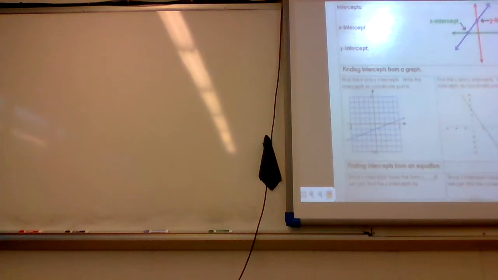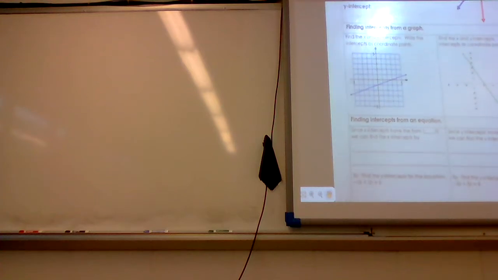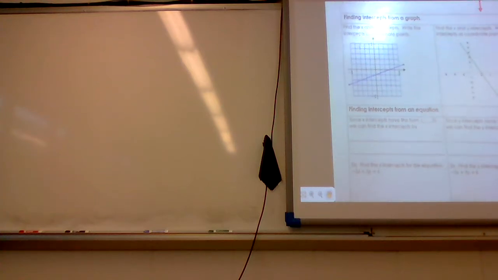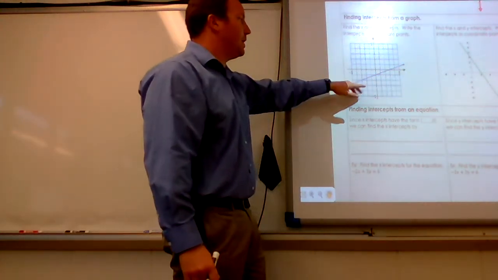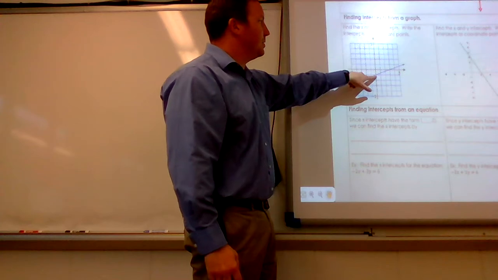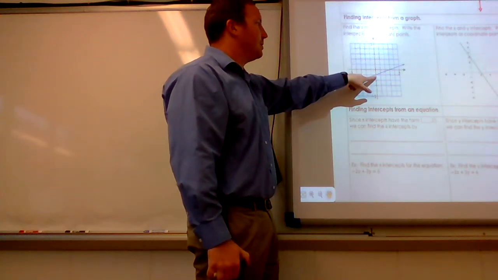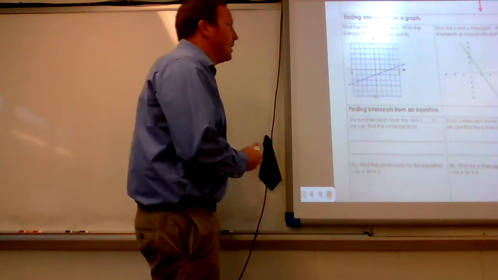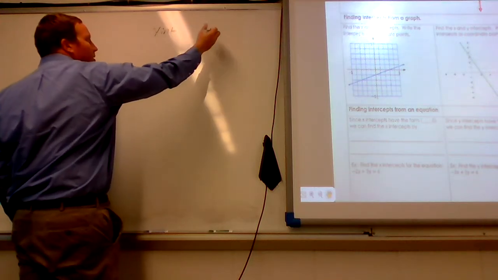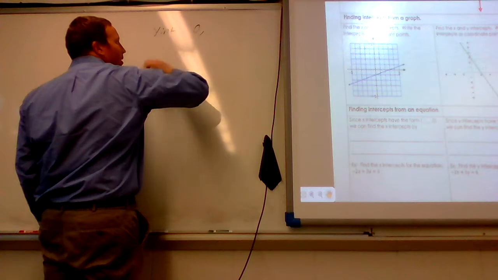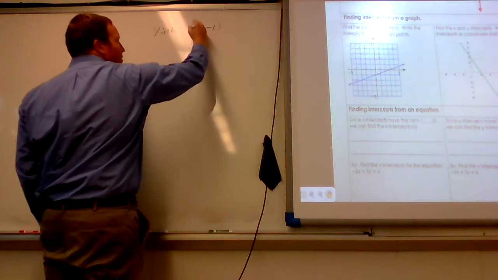So we can find these very easily by looking at a graph. Again, we just see where our function or our relation crosses those axes. So in this case, our y-intercept is at y equals -1. We put that as a point. Our x value is 0, our y value is -1.